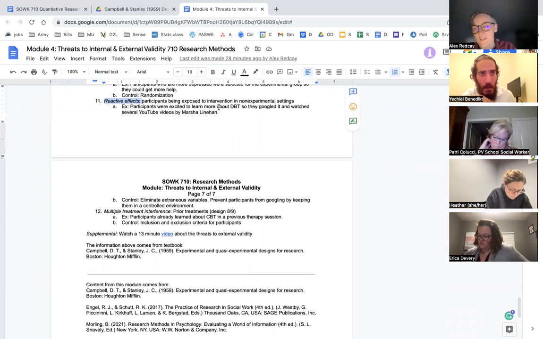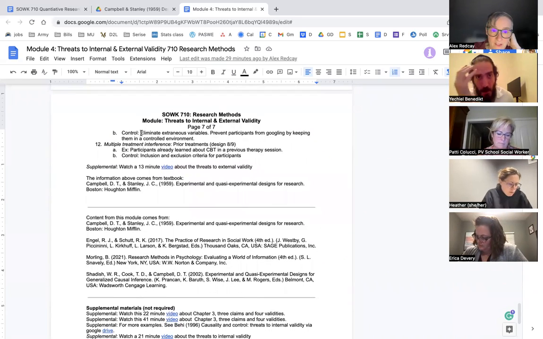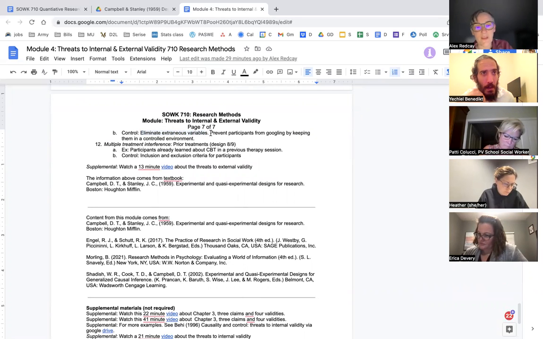Then we can't really say that intervention made a difference because they already were exposed to these things before. The control for that is to eliminate extraneous variables. You could prevent participants from Googling, you can keep them in a controlled environment, but it is unrealistic for the type of research that we do. That's very challenging.